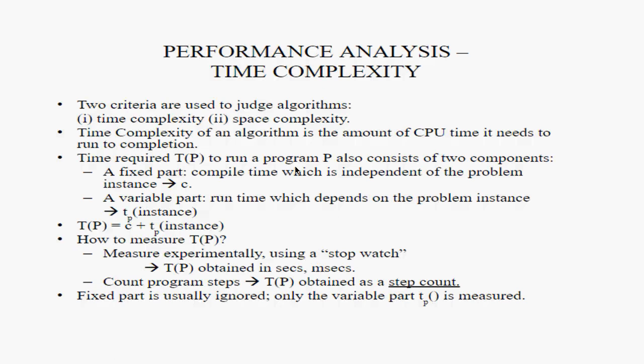Time complexity is nothing but the amount of time the algorithm takes to execute, or the time it takes to convert the input into an output, or you can merely call it the execution time. And space complexity is how much extra memory space the algorithm utilizes. Based on these two things, we can calculate the efficiency of an algorithm.